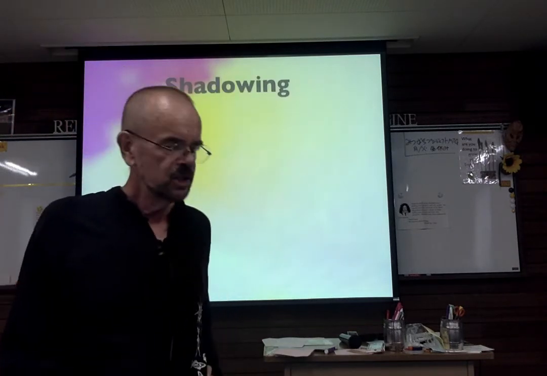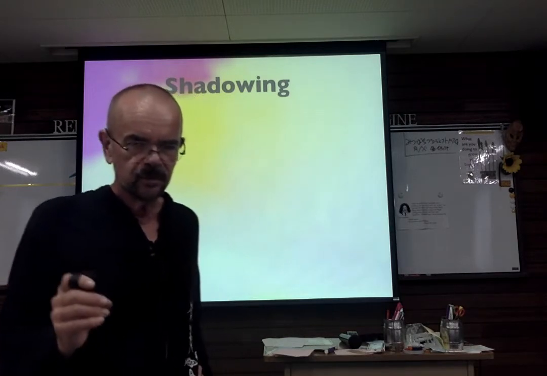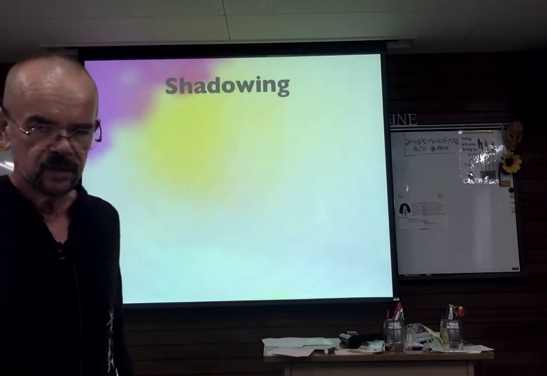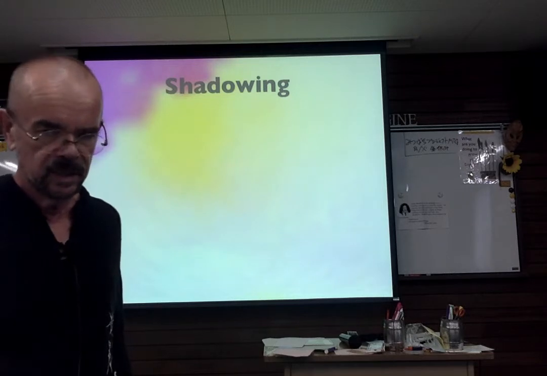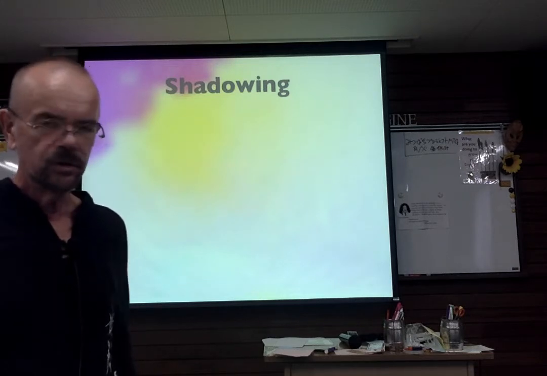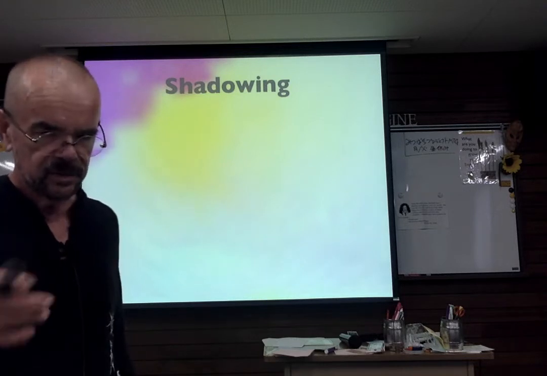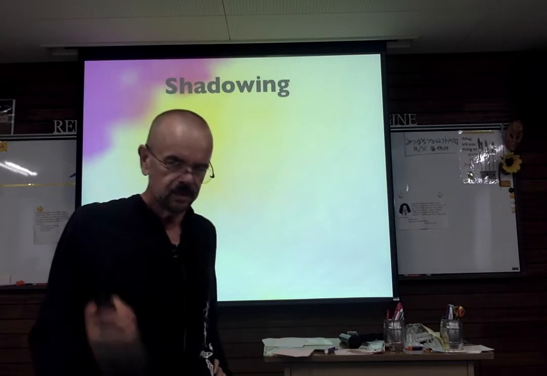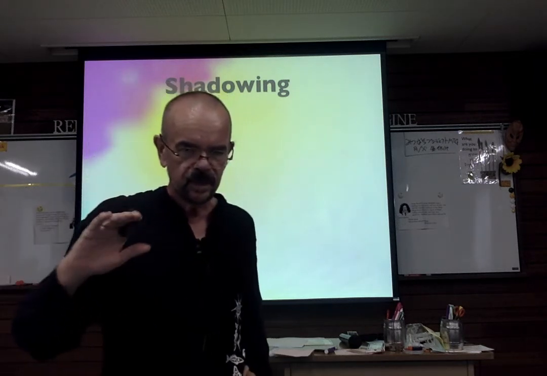Okay? Shadowing. I think you know shadowing from high school, or at least one way. The way most students know shadowing is the teacher says it and the students repeat it. Repeat after me. Or the teacher plays the recording and the students repeat it. And that's one way. And usually shadowing is they say everything. Well, that's not the only way.